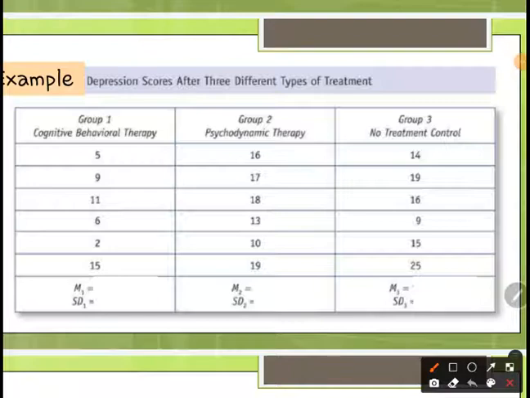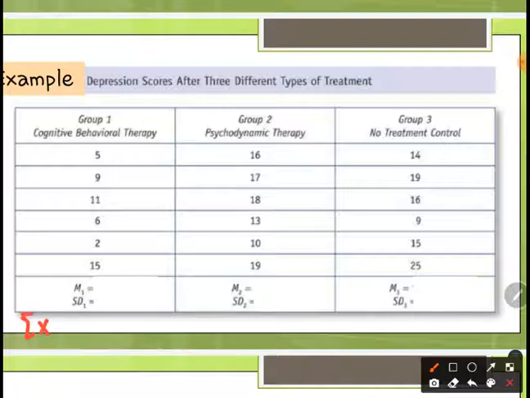So dito sa group 1, ang mean niya dyan is just equal to 5 plus 9 plus 11 plus 6 plus 2 plus 15. Kunin muna natin yung summation ng x.